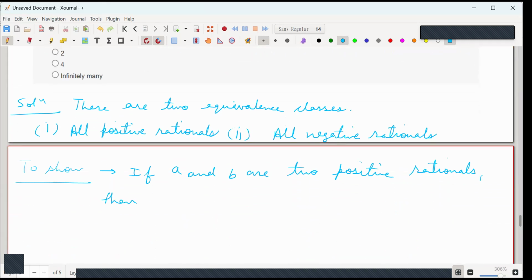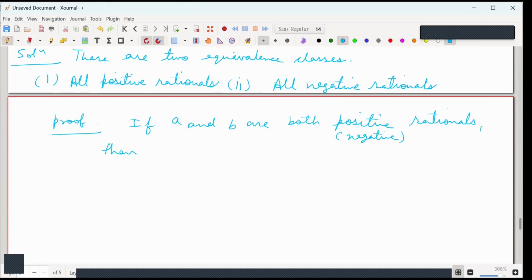So if A and B are both positive rationals or both negative rationals, then AB is greater than 0. So they are in one orbit and they are also in one orbit.